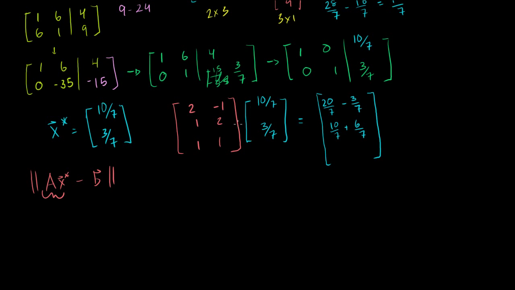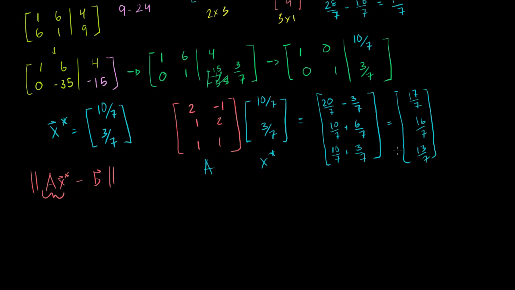And then we have 10/7 plus 3/7. So A x star, our least squares approximation for x, is equal to 17/7, 16/7, and 13/7.